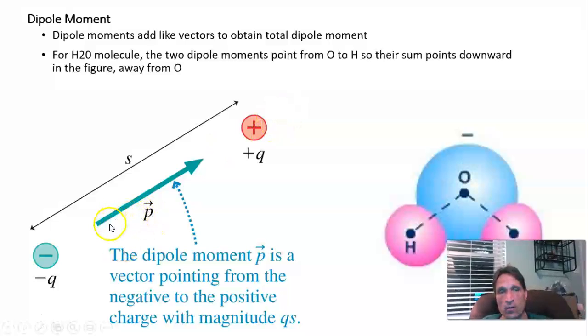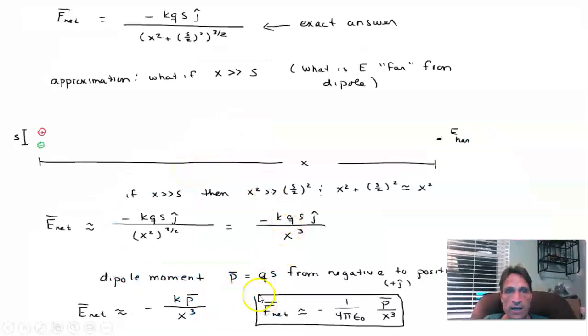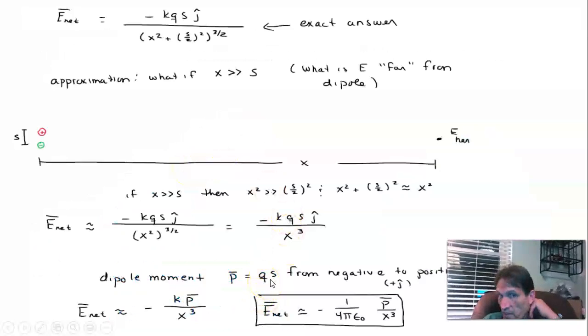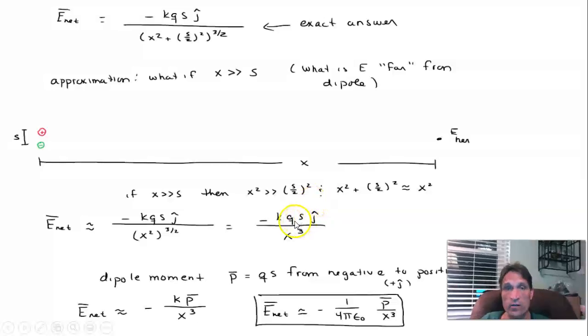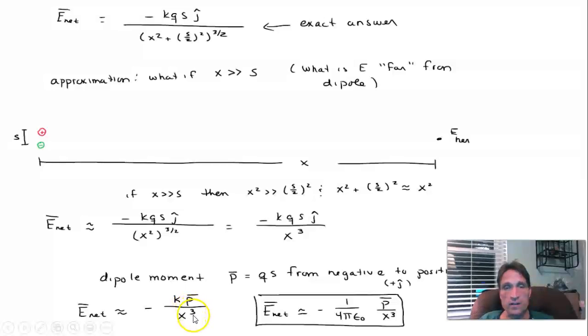The dipole moment points from the negative charge toward the positive charge, and its magnitude is equal to q times the distance. And so we can write qs as the dipole moment p, and we get that the electric field of a dipole goes as negative k p over x cubed.